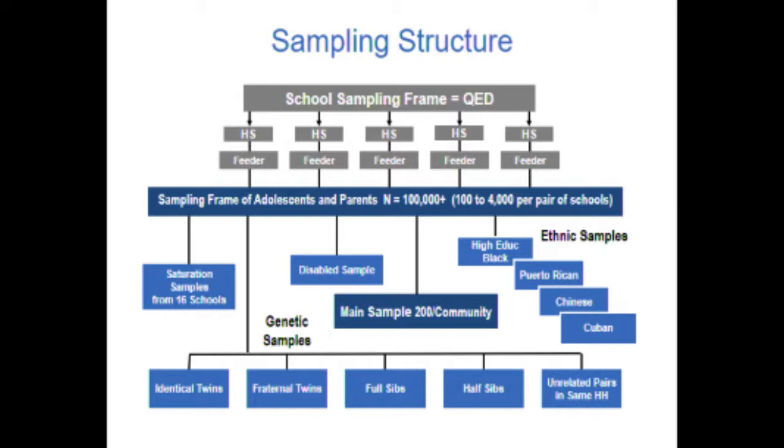And then we also selected a feeder school, either a junior high or a middle school, with probability proportionate to the student contribution to the high school. And so we end up with a pair of schools in 80 communities, and these were made up of students in grades 7 through 12 in the United States in 1994. So that's the national population that Add Health represents.